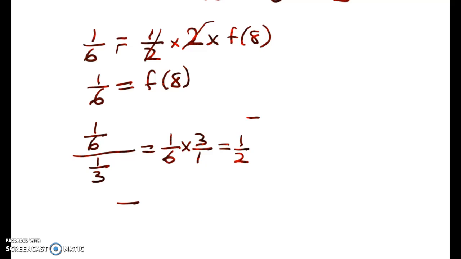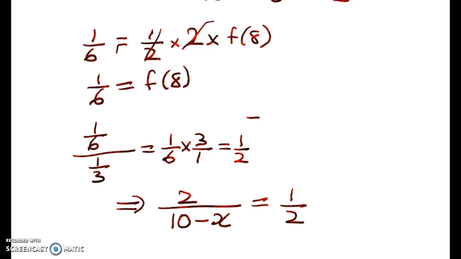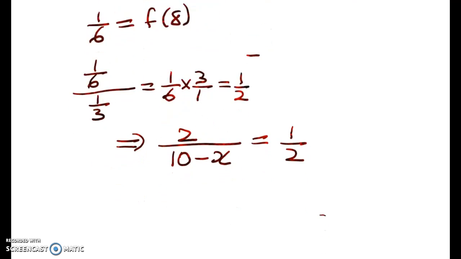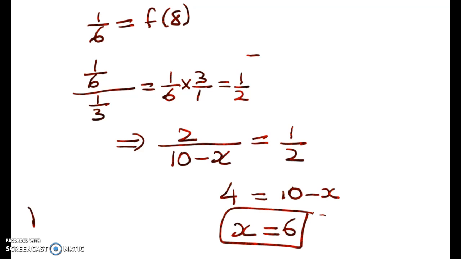So we get 2 over 10 minus, we'll call it x, 10 minus x is equal to 1/2. Cross multiplying, I get 4 is equal to 10 minus x, giving me x equals 6. So the mode is 6.